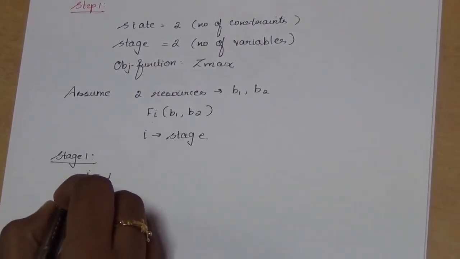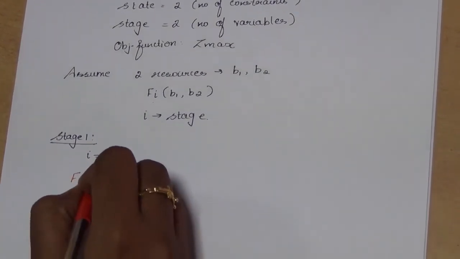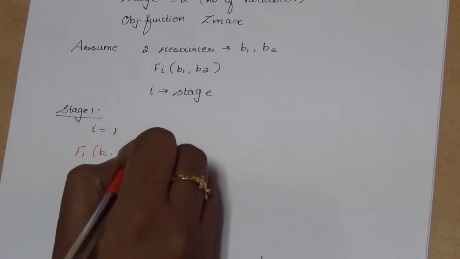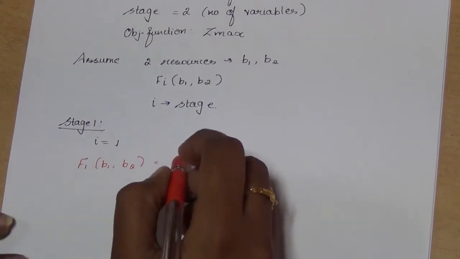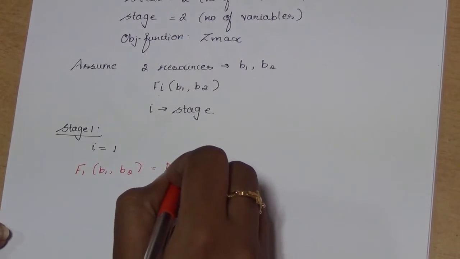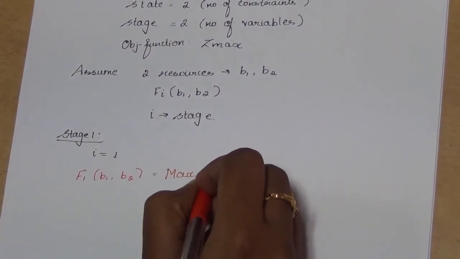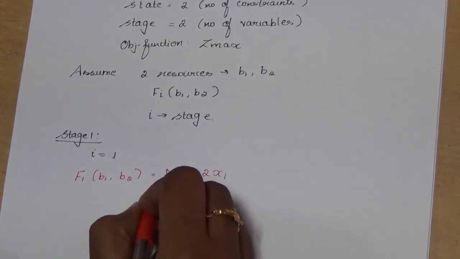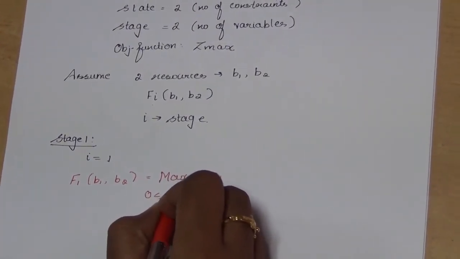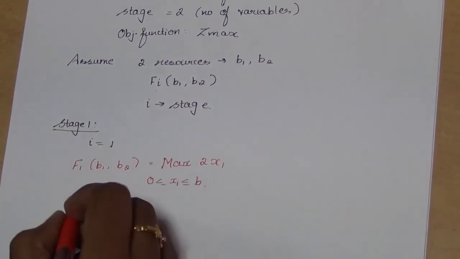So let's frame the function f1 of b1, b2 is equal to, from the objective function we'll be framing the function. It is the maximum of, since it is the first stage, we'll use only the first variable, 2x1, whose limits vary between 0 less than or equal to x1 less than or equal to b. So in this first step, we have to calculate the value of b.